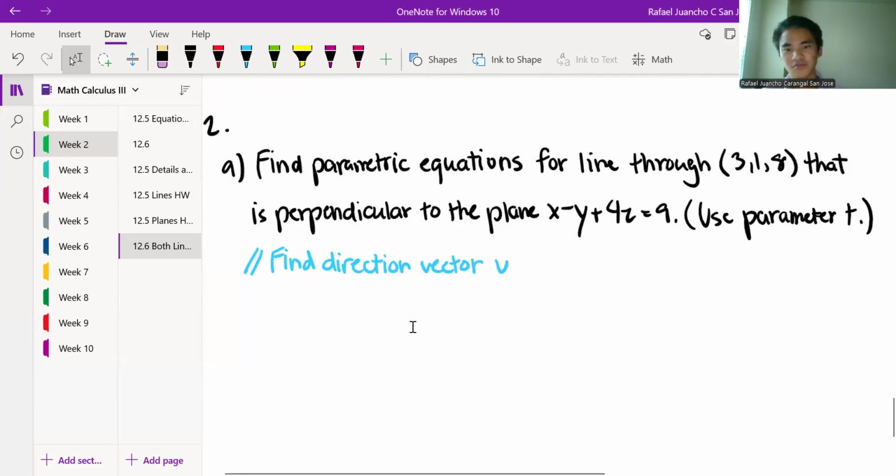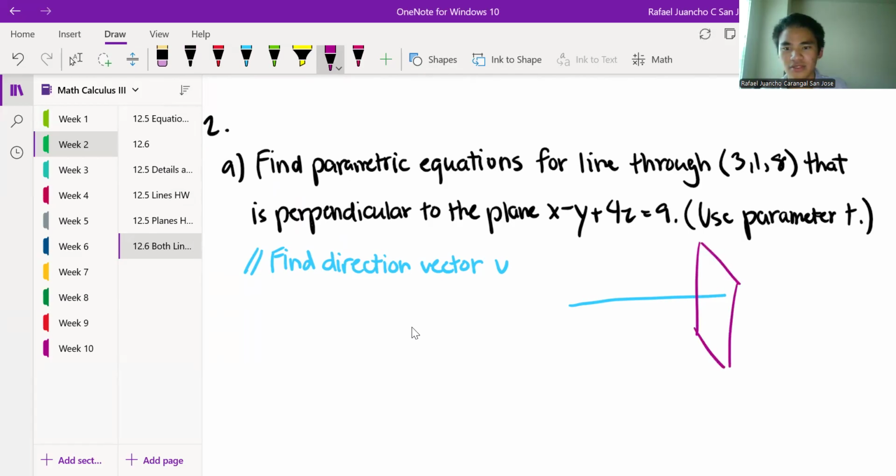since the direction vector is supposed to be parallel, and here if we look carefully, we have a line and it's perpendicular to a plane. Let's say this is the plane, right?